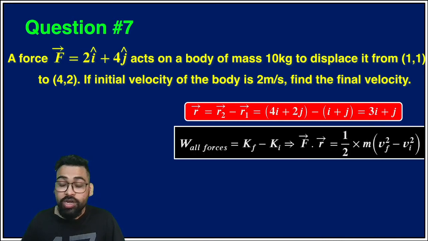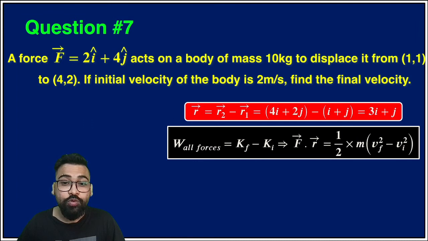Now you use your work energy theorem that work done by all the forces equals change in kinetic energy. This work done can be written as F dot R. Change in kinetic energy can be said to be half m, Vf square minus Vi square. Again, I've taken it in brackets, common half m. I hope that's not a problem. You have done so many of these questions.